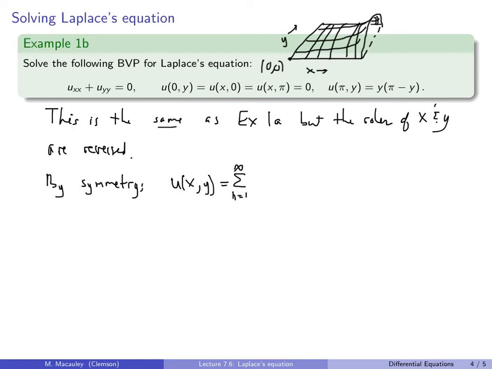The sum from n equals 1 to infinity, let's do the bottom first, pi n cubed, oops, that's not a sinh, so I need sinh of n pi, and then the top is 4 times 1 minus negative 1 to the n, and then we have sinh of nx times sine of ny.